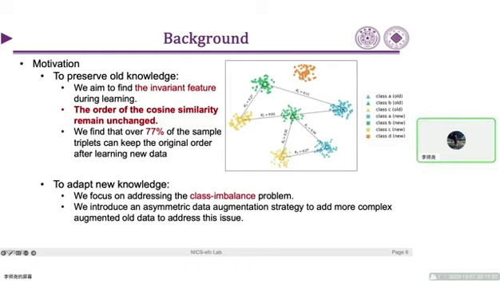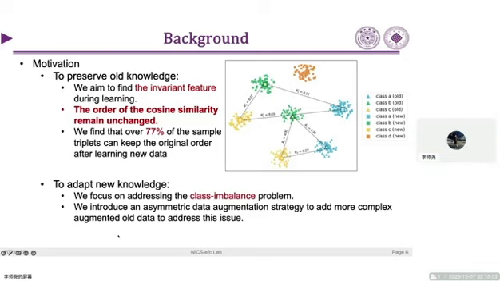Over 77% of the sample triplets keep the original order after learning new data, here R1 is greater than R2 and greater than R3, and after learning, it also keeps the same order.